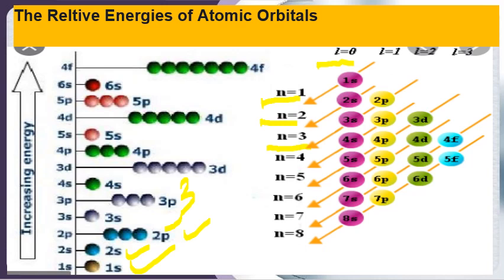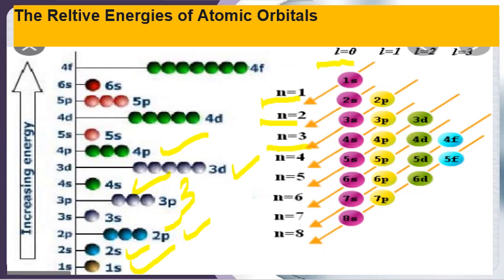Now here you can see the 3d level is higher in energy as compared to 4s, as it is given. Look at this: 4s is filled first and then 3d will be filled, right?